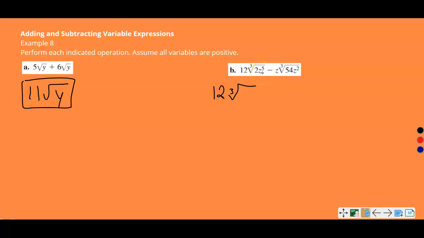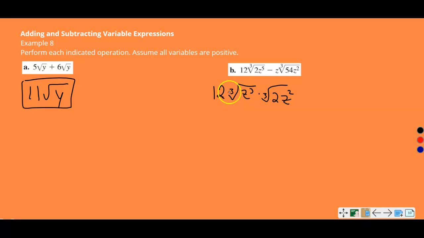So I'm going to rewrite this as z cubed and then times cube root of 2z squared. And again, all I'm doing is using our properties of exponents: z cubed times z squared, same base, add exponents, z to the 5th. And I still have the 2 here.